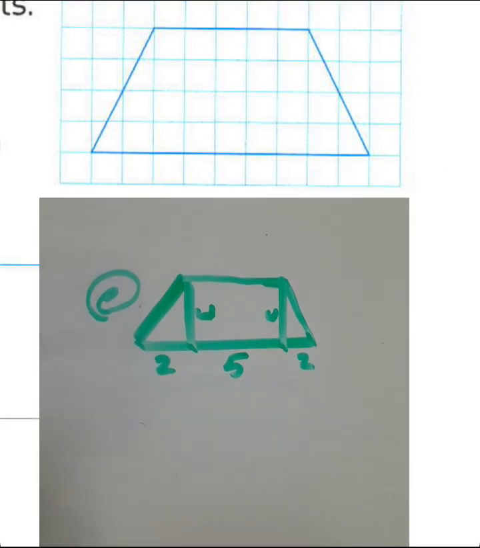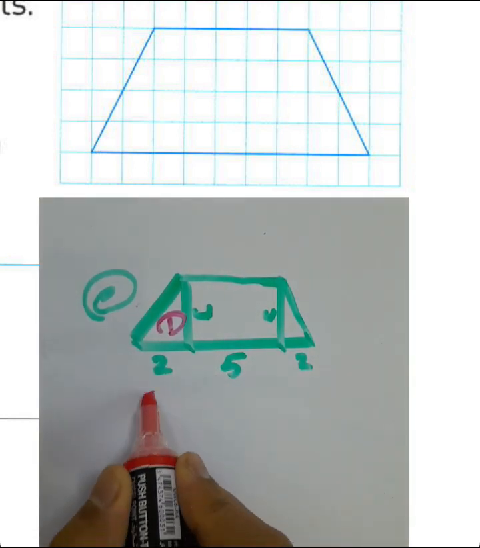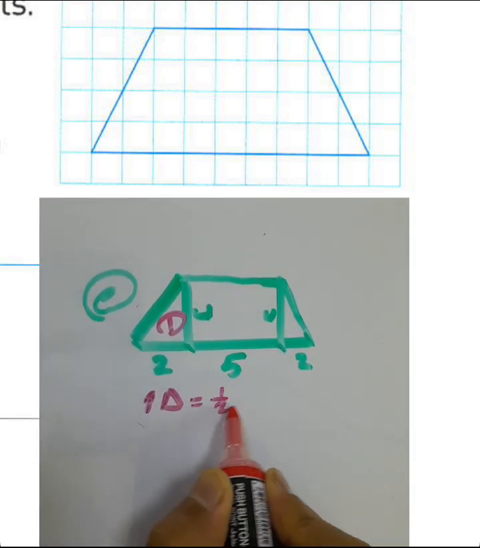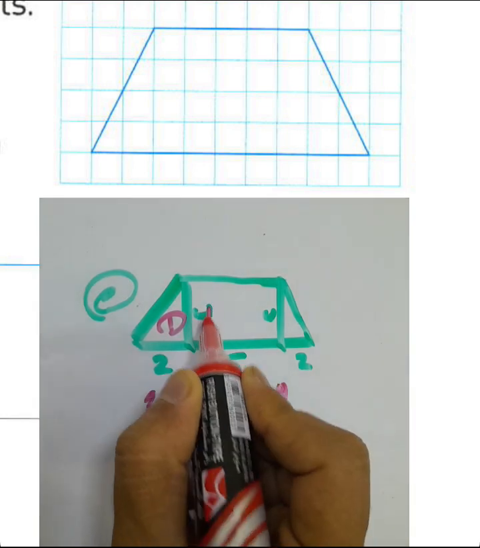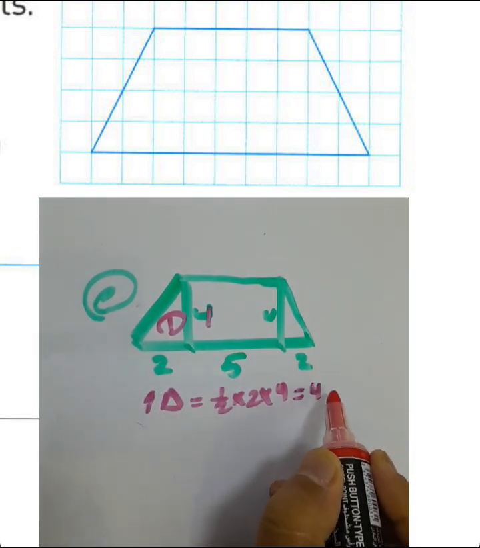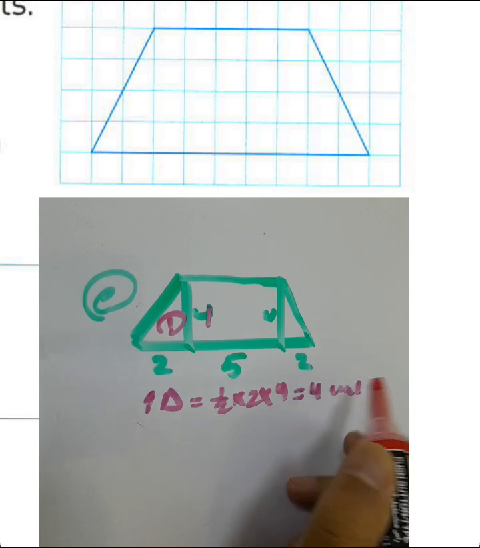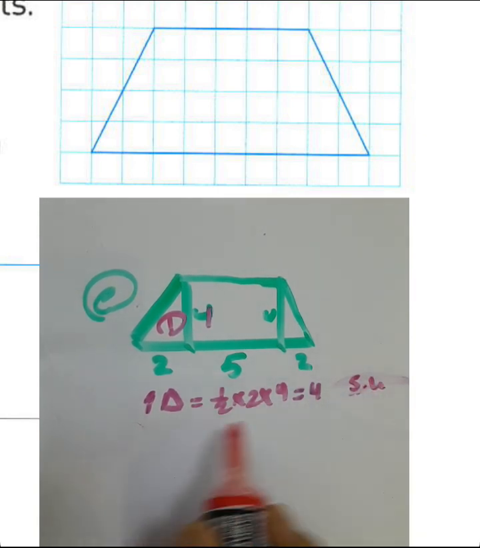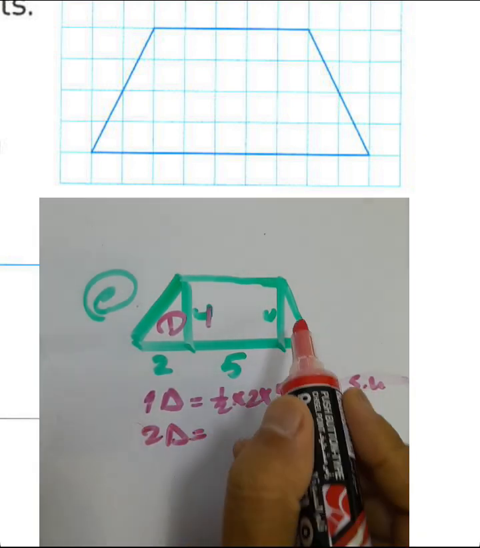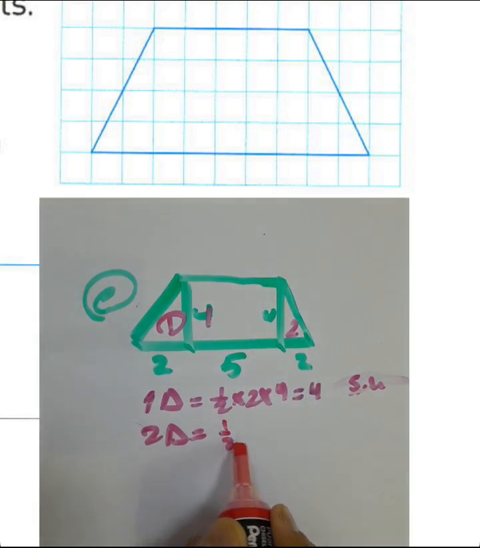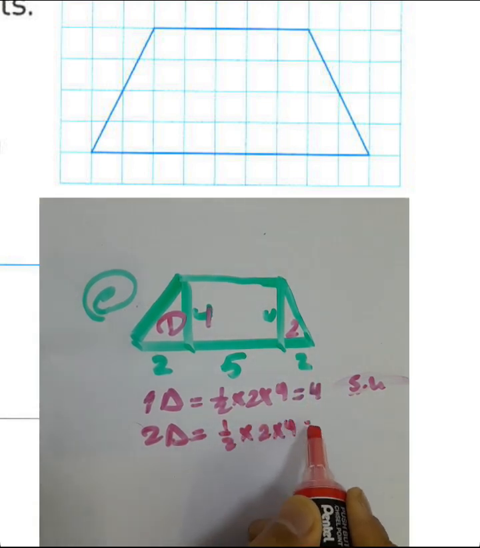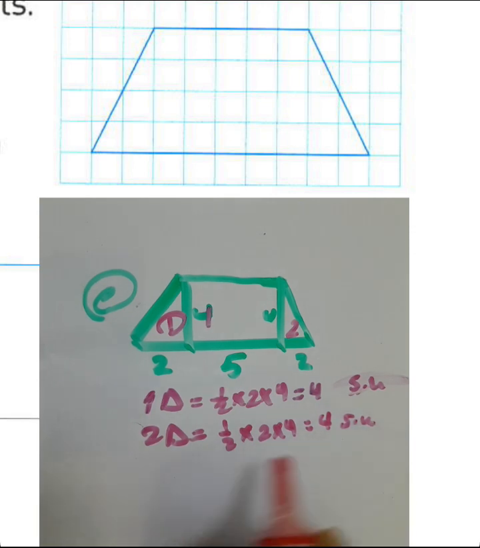Then you can find the area of the first triangle, half the base times the height. It will be 4 square units. And triangle number 2 is exactly half times 2 times 4, it will be 4 square units.